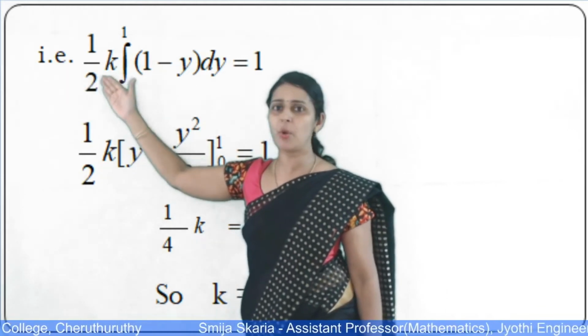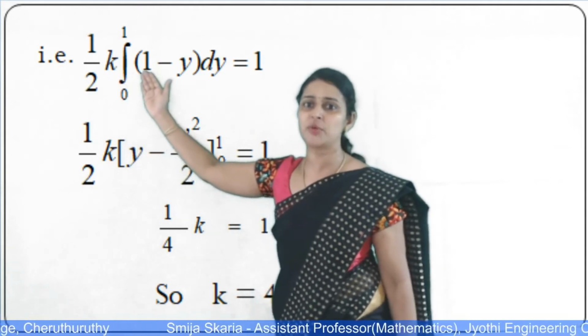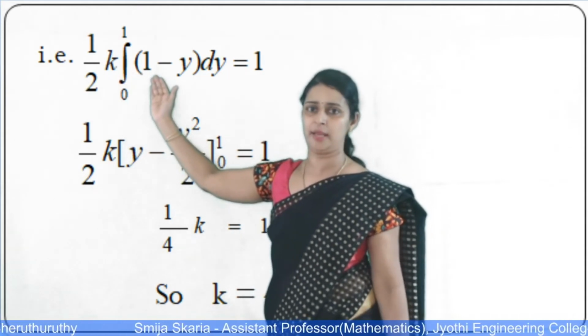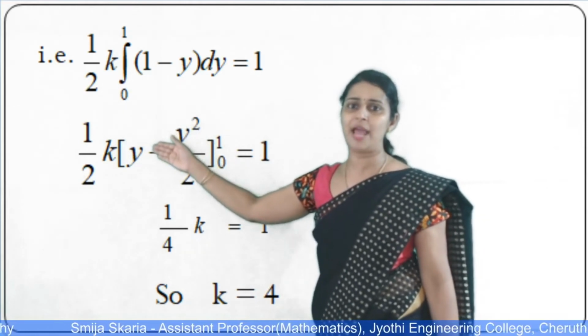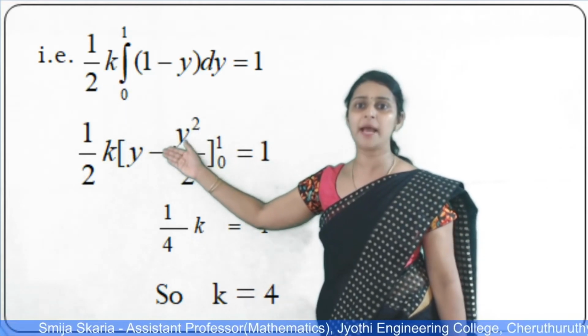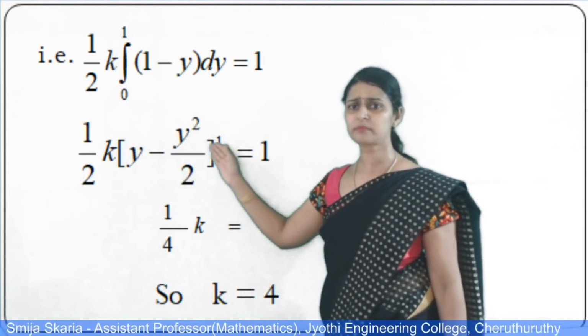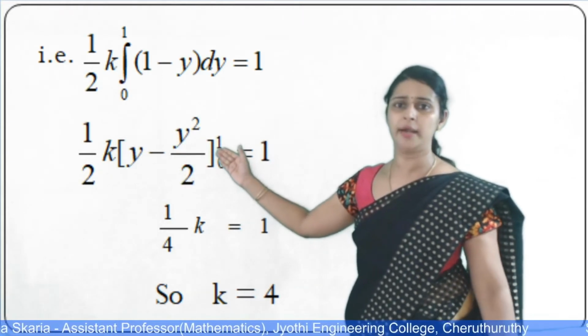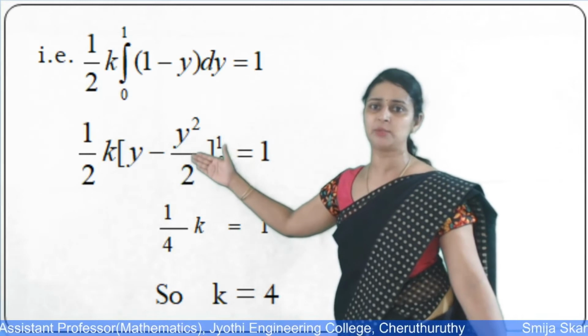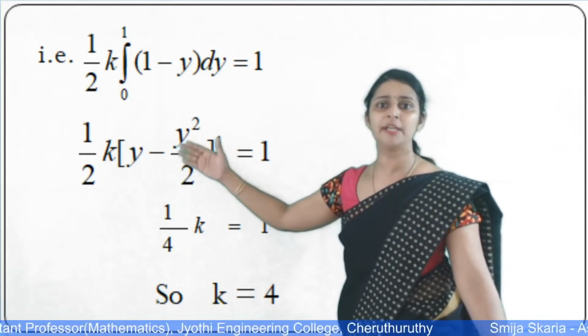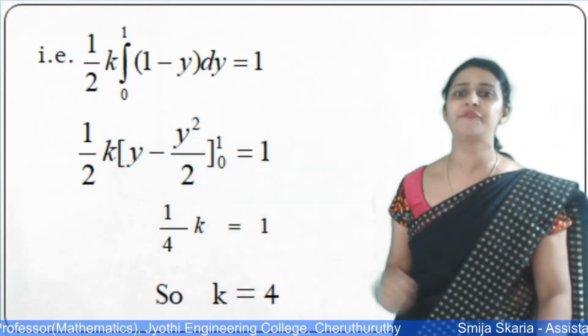So 1 by 2 into k, which is also constant. Now we have to integrate with respect to y. Similarly, the integral is y minus y square by 2 within the limit 0 to 1. Again applying the limit, we get 1 minus 1 by 2, again 1 by 2. 1 by 2 into 1 by 2 is 1 by 4, and 1 by 4 into k.